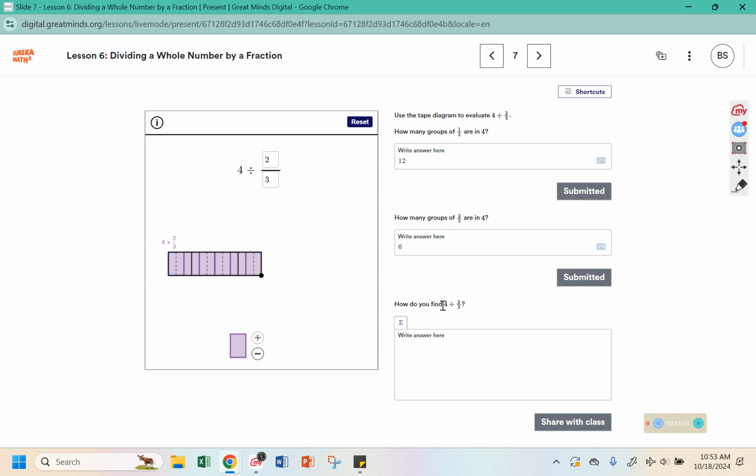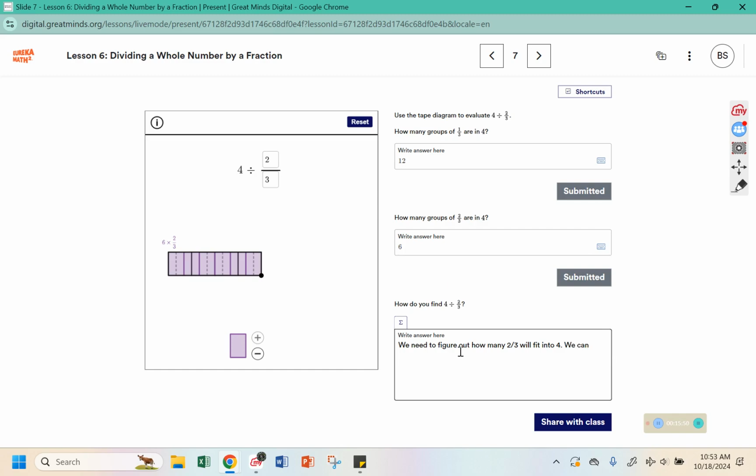How do you find 4 divided by 2/3? We need to figure out how many 2/3 will fit into 4.